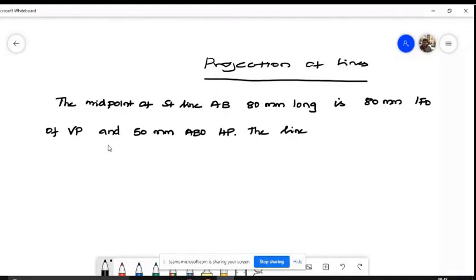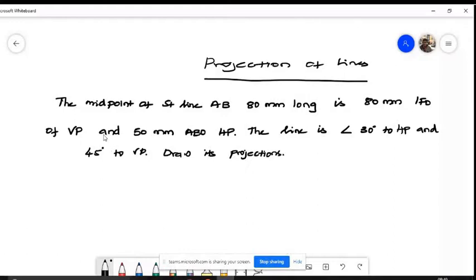The straight line is inclined at 30 degrees to HP and 45 degrees to VP. Draw its projections. Okay. So this is the problem which we are going to solve today.